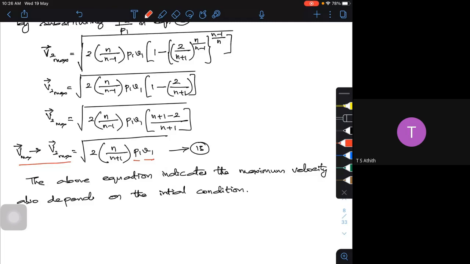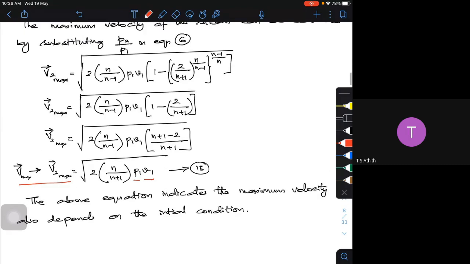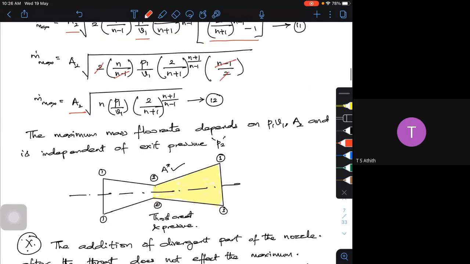Even though the fluid is accelerating even after your throat section, here also the fluid is getting accelerated. So the maximum velocity would be somewhere around 95% of your divergent portion.